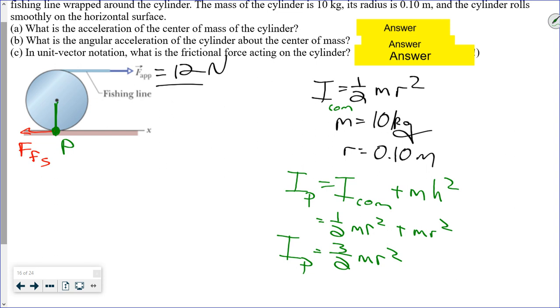So I'm going to do net torque about P equals I alpha about P. The only force that's providing a torque is this applied force being applied up here.